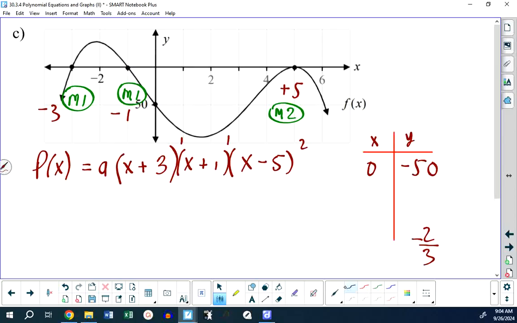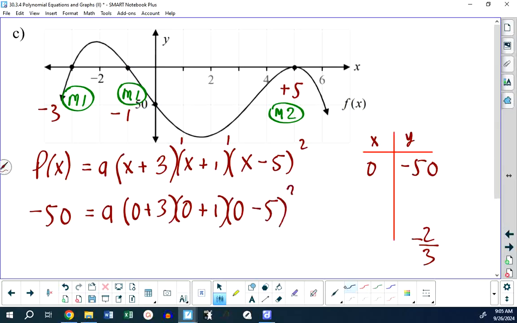It's difficult to do well and get full marks, whereas doing this and solving for a requires no words. It really doesn't. If you wanted to, just to hedge your bets, you could say, since the point 0, negative 50 is on the graph, it makes the equation true, and then put it in.